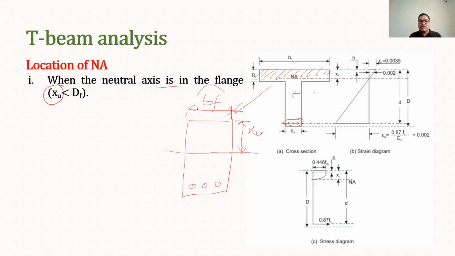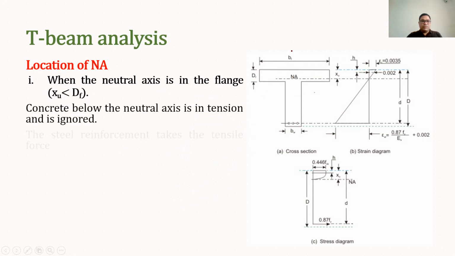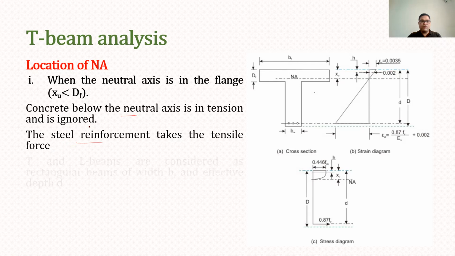So basically, by considering this, we can apply all the formulas that we generally use for rectangular beam to calculate the moment of resistance. The same formula we can use here also to calculate the strength of beam. So yes, concrete below the neutral axis is in tension and is ignored, and steel reinforcement takes the tensile force.